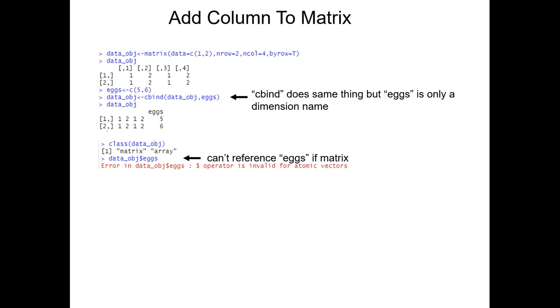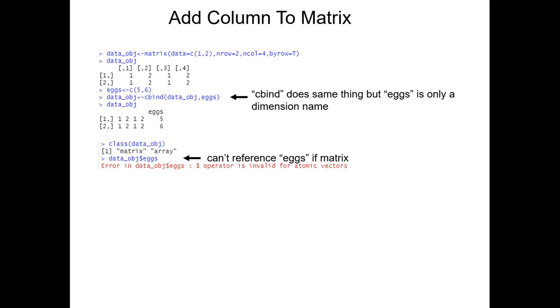So in the example below, just like you could do in data frames, if you use the data object $eggs to view the elements, it comes up with an error message because this is not a column name. It is essentially putting a name in the dimension column specification up above.